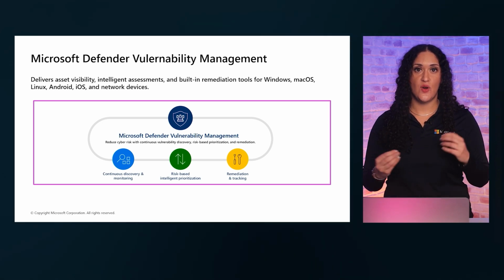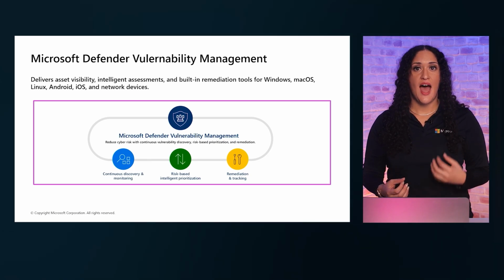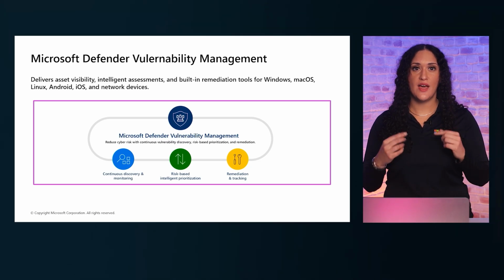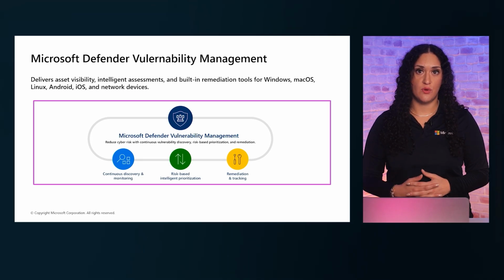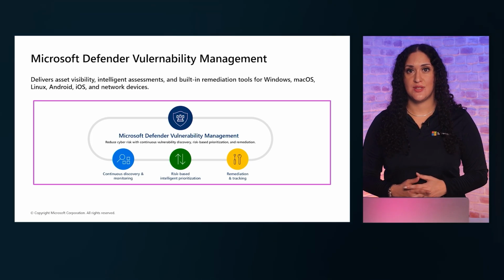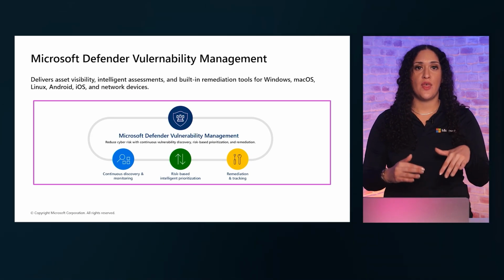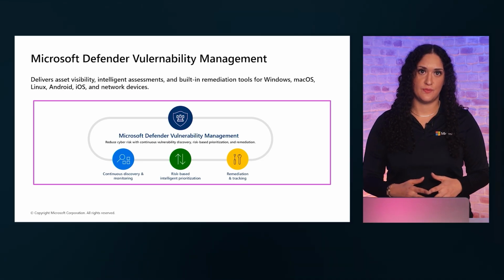Built-in remediation and tracking features allow security teams to collaborate with IT, assign remediation tasks, and track progress from discovery through resolution. This proactive approach reduces the attack surface, lowers overall cyber risk, and helps organizations stay ahead of threats before they can be exploited, rather than reacting after an incident occurs.